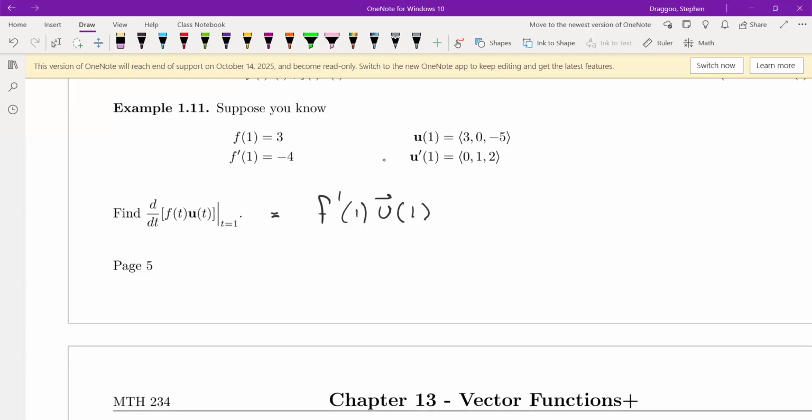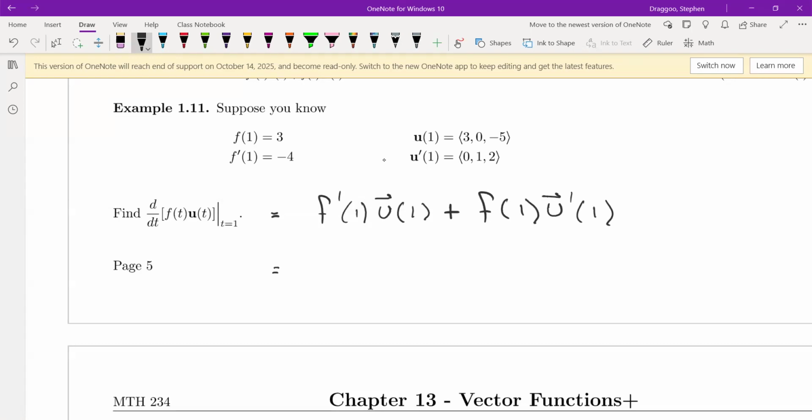Cool. So let me just erase that scribble and add back in f of 1 times u prime of 1. And again, I'll put hats on my vectors and not on my non-vectors. So u gets a hat, f does not.